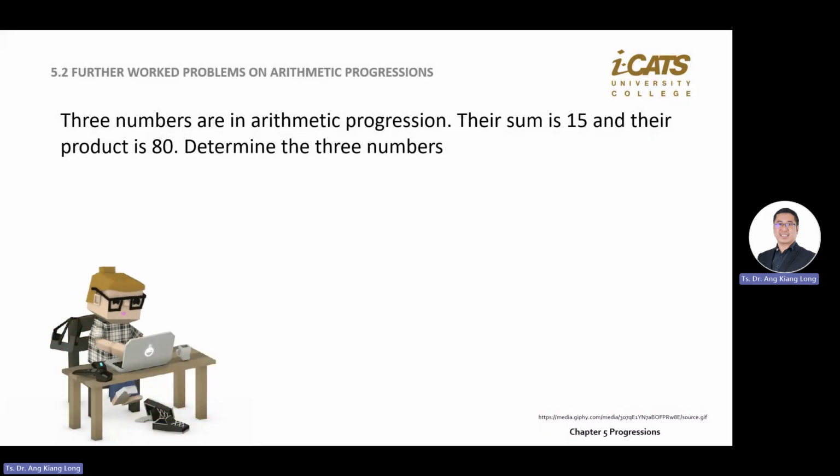Okay, the rest I think you can go home and have a look. So it's also the same. It asks you about an AP and the sum is 15. Sum means if you're given the sum, you use the Sn equation, and their product is 18. Determine the three numbers.